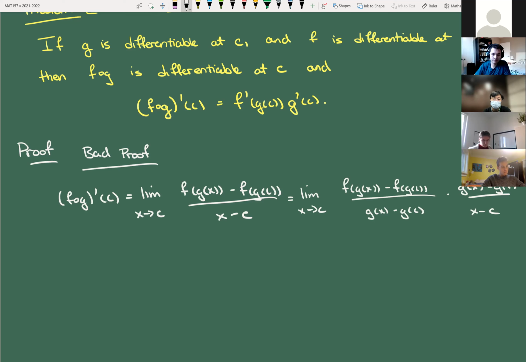Like so. Okay, so this thing right here, as x approaches c, is certainly going to give you g prime of c, right?